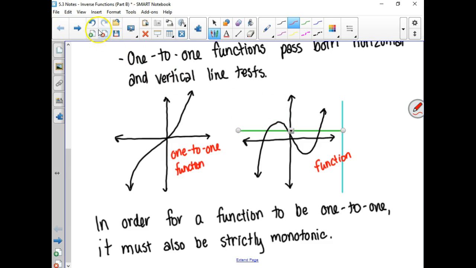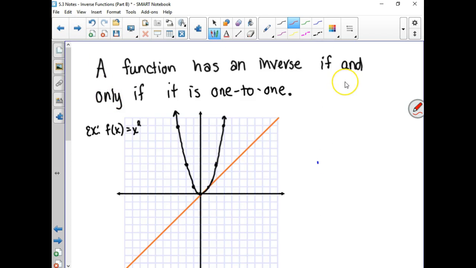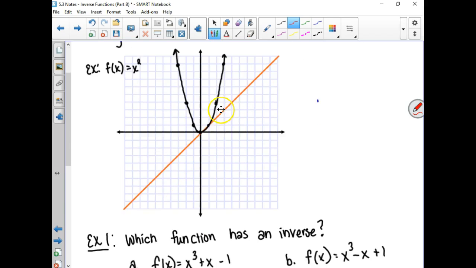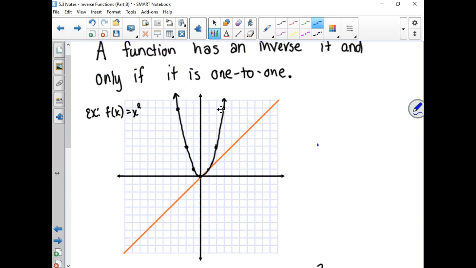Okay. Now I say all of this because a function has an inverse if and only if it is 1-to-1. So for example, the graph of f of x equals x squared is a function. We've used it lots of times, right? But if I were to reflect this over the line y equals x, these 2 points stay where they're at.